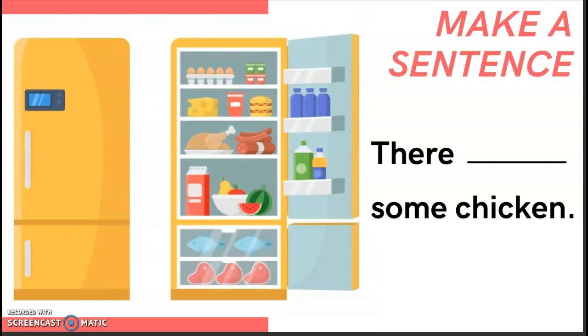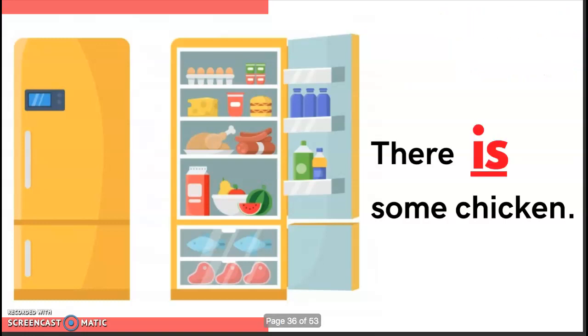What do you think? There is some chicken. Chicken is just like with water or cheese. We use is. There is some chicken.